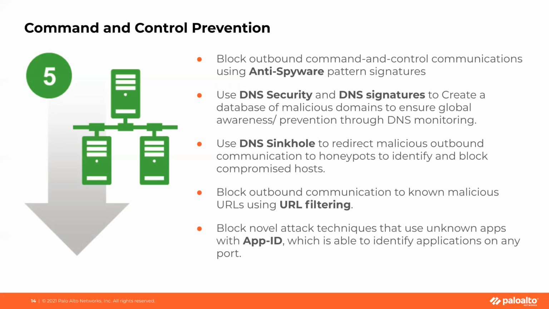If DNS security or DNS signature detects a bad domain, there are different actions that can be taken. Drop is a very common one, but DNS sinkhole is actually something that we recommend, where instead of dropping the DNS request with a suspicious domain, the firewalls actually create a fake response and send it back to the querying client, and the fake response will contain a sinkhole IP.